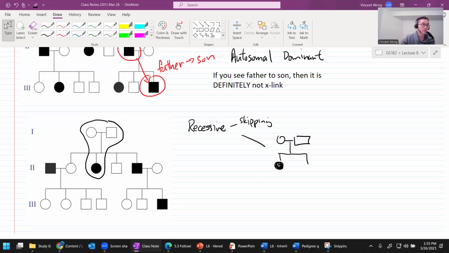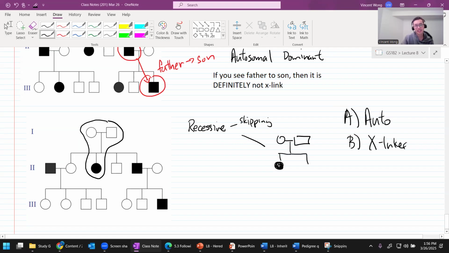If you think it's autosomal, please choose A. If you think it's X-linked, please choose B. If you are super confused, you can choose C. Autosomal is A, X-linked is B. All right, we have 50-50 here. Half of you say it is autosomal, half of you say it is X-linked.